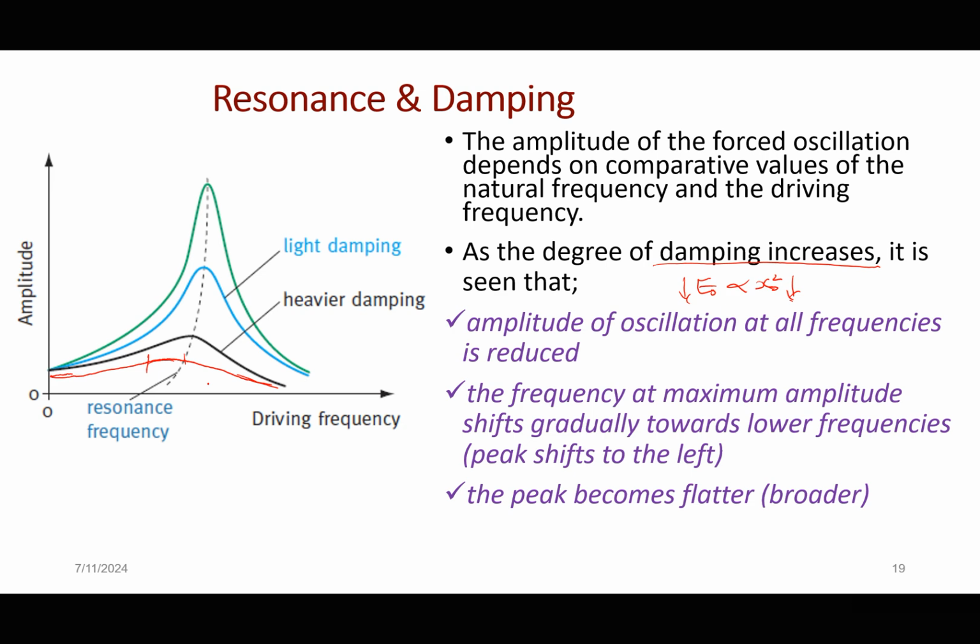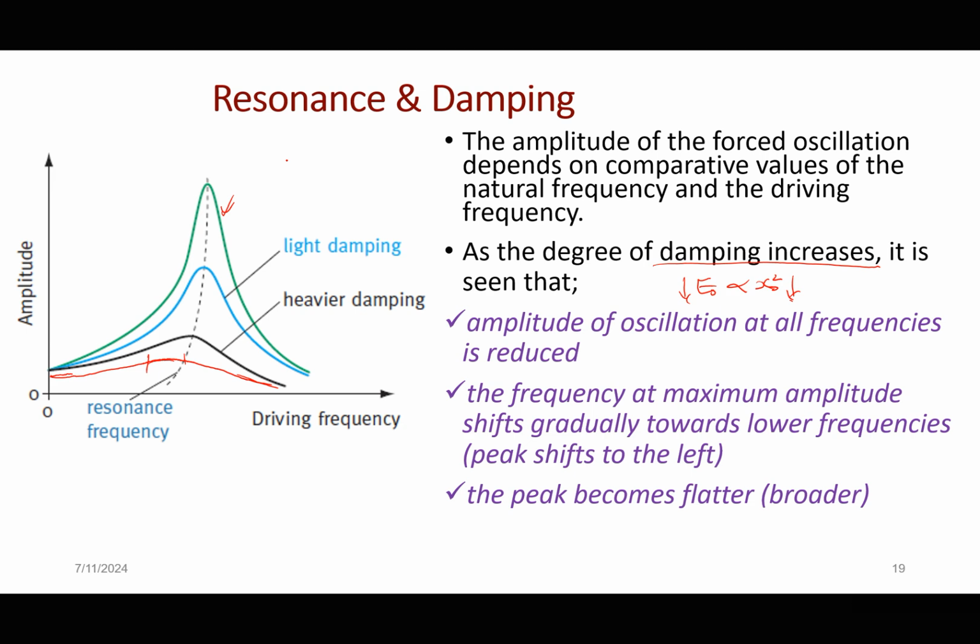If damping is decreased, then the peaks become sharper. In other words, the peak becomes infinite, as shown by the green peak here. If damping is decreased or reduced, the peaks become sharper and sharper, and the peaks will therefore shift to the right-hand side. So you should be able to understand that there is damping when resonancy occurs.